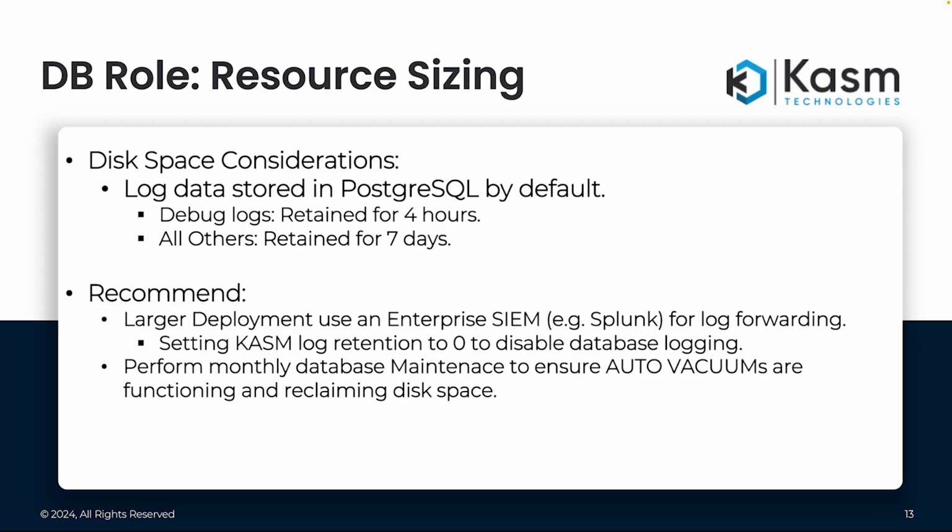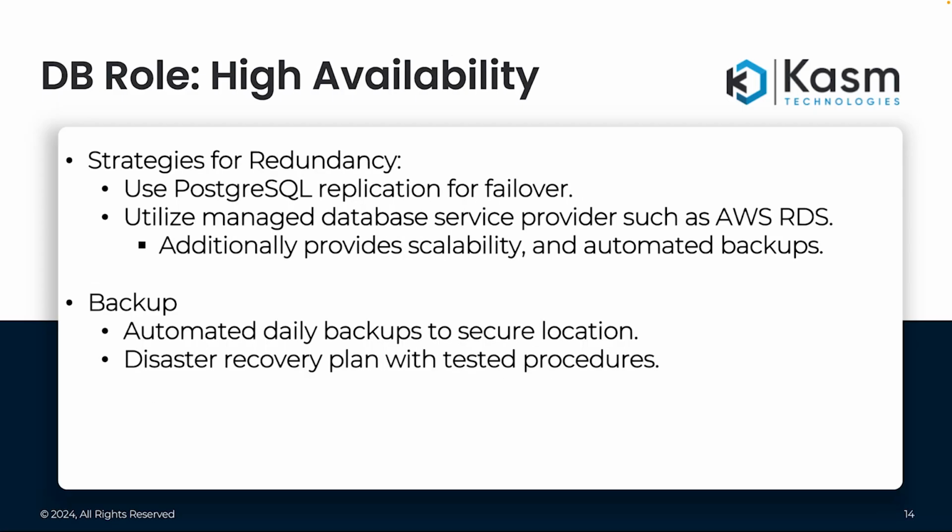We're making sure we have recovery procedures and everything in place that are actually able to be executed. As mentioned before, strategies for redundancy, high availability, right? Postgres replication for failover, right? Our recommendation is to go and read Postgres's documentation on how to set up HA clusters and redundancy, but follow their best examples, best practices.